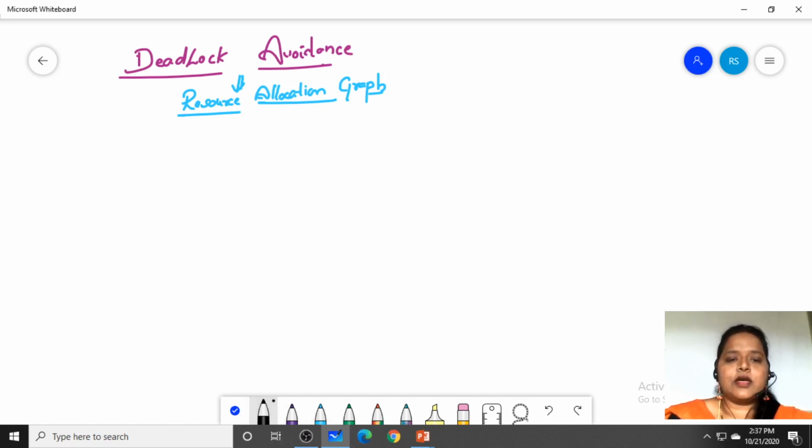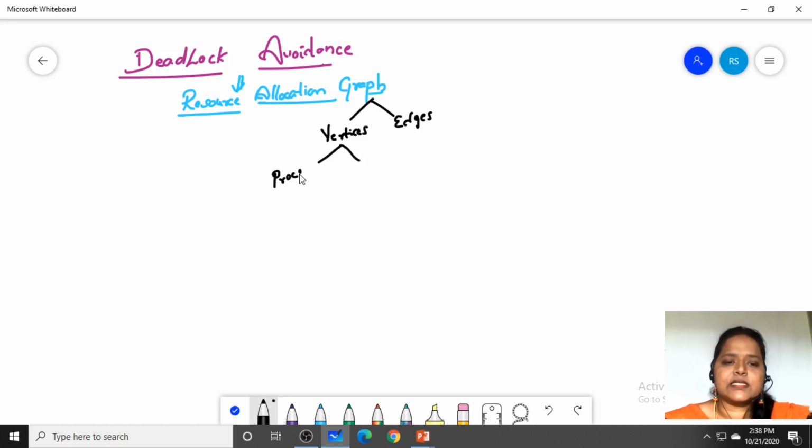Basically here we are going to have a graph, which means we have vertices as well as edges. Among the vertices, we again have process vertices and resource vertices.